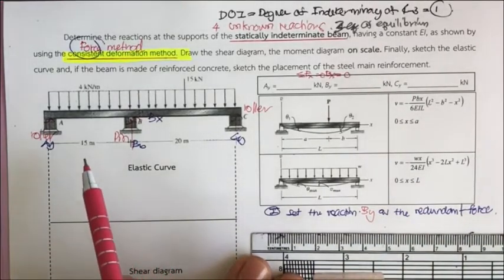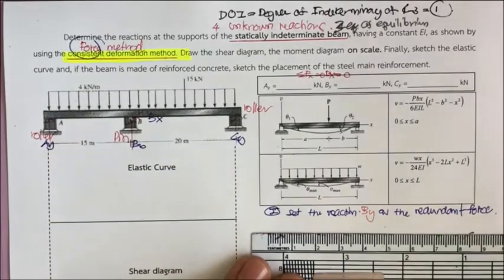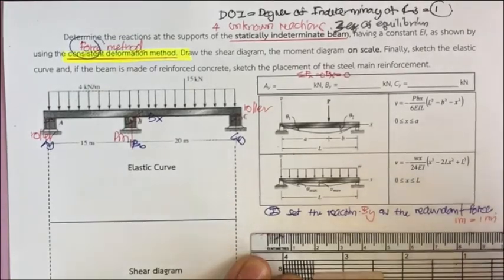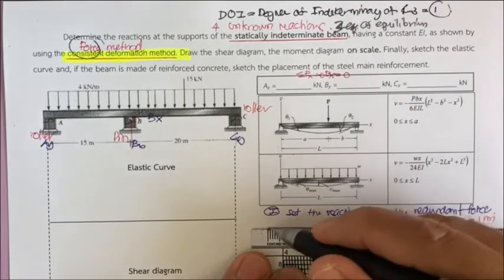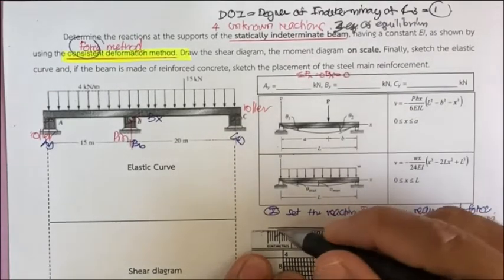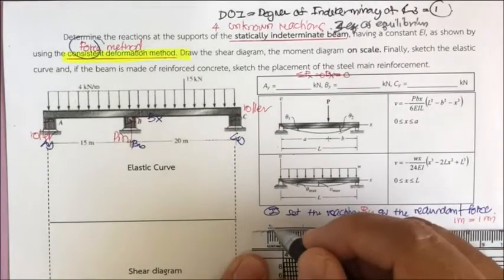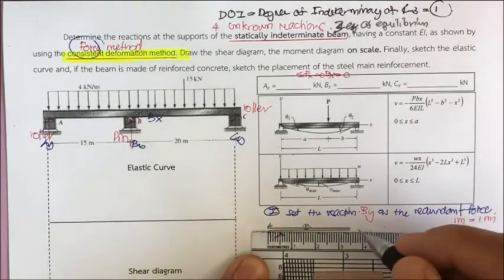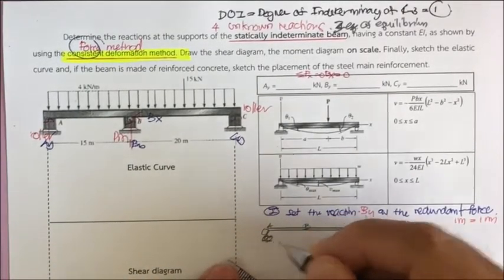This is 15 meters, this is 20 meters. Let's set 1 meter equal to 1 millimeter, so our beam is going to be 35 millimeters long, and this portion is 15. This is going to be A, this is going to be B, and this is going to be C, and the support here is the roller.